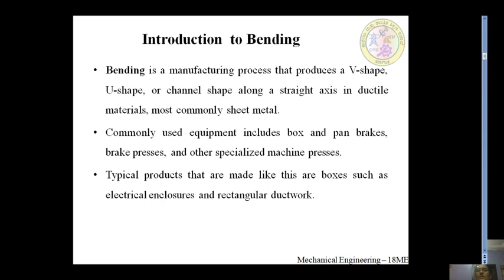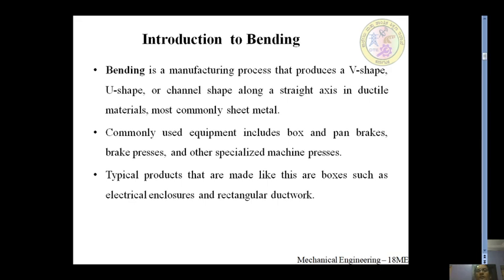In cutting or shearing operation, we came to know that initially the plastic deformation takes place, then the fracture, then the shearing or cutting. Examples of cutting or shearing, we came to know about punching, blanking, lancing, slitting and all, isn't it? The second type is the forming operations.